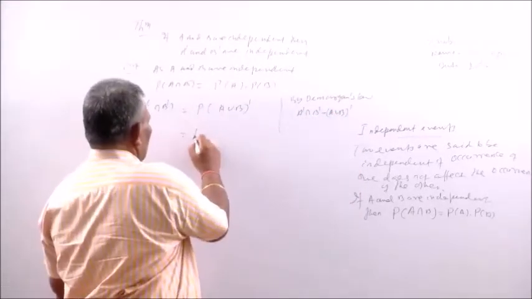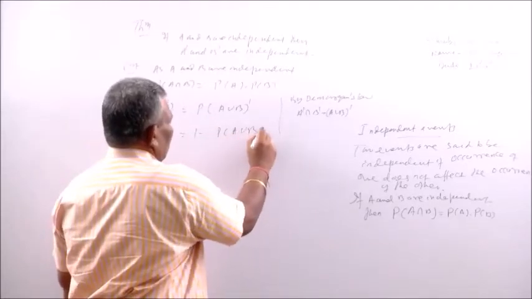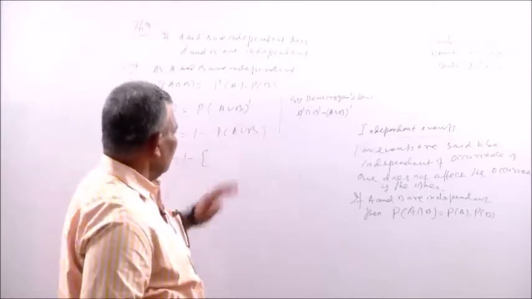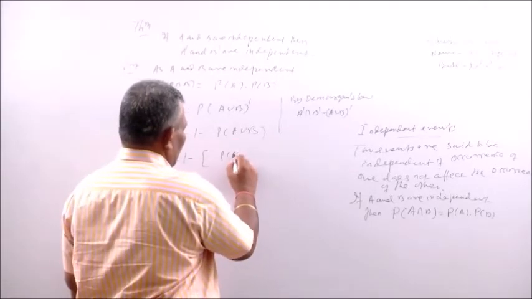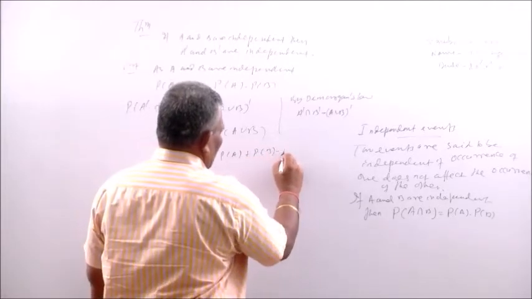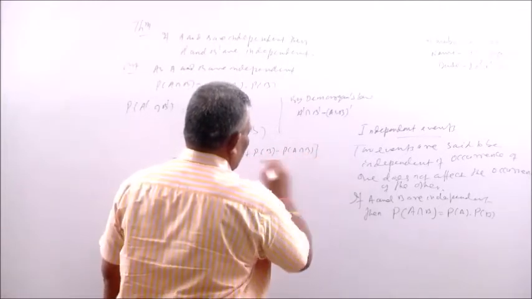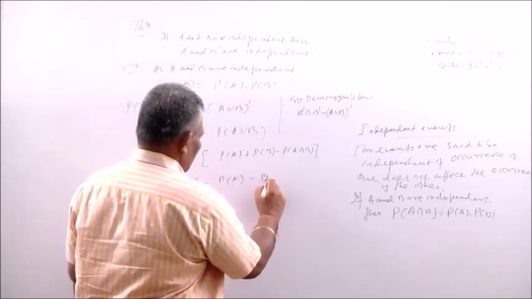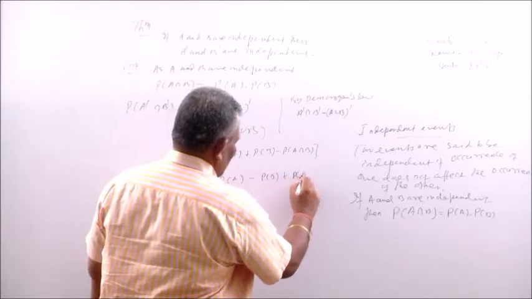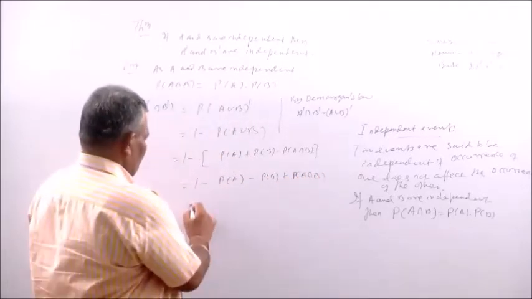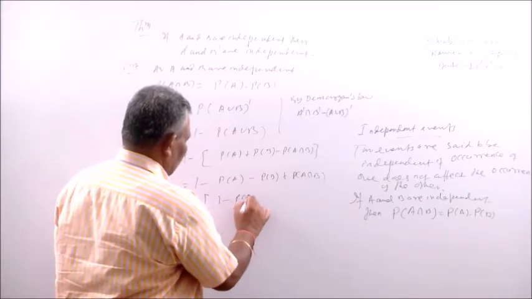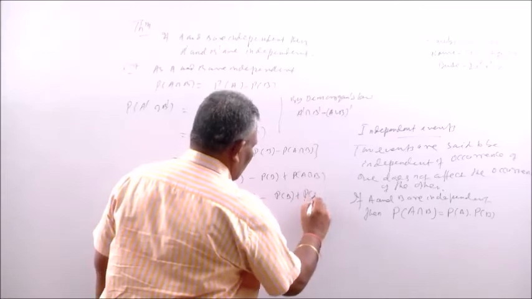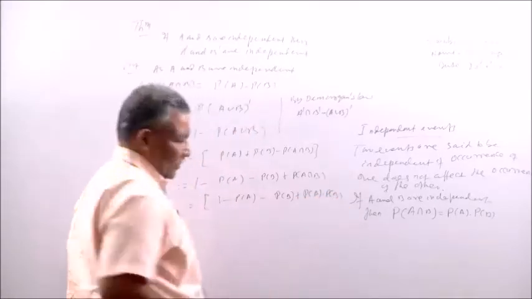So this is equal to 1 minus probability of A union B. That can be written as 1 minus, we have already proved that probability of A union B equals P(A) plus P(B) minus probability of A intersection B. That is 1 minus P(A) minus P(B) plus P(A intersection B). That is 1 minus P(A) minus P(B) plus P(A) into P(B), since P(A intersection B) can be written as P(A) into P(B).